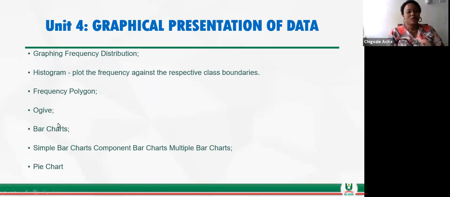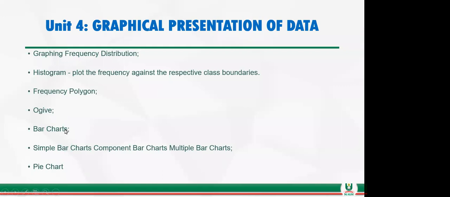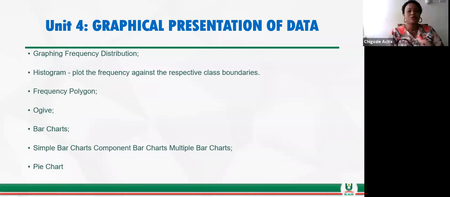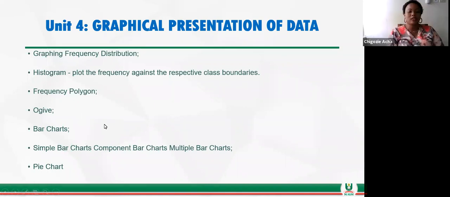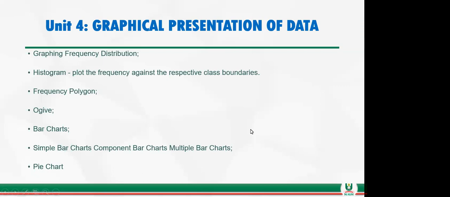After looking at how you can plot your bar chart, you look at how you can construct the simple bar chart, component bar chart, and multiple bar charts. And finally, your pie chart.